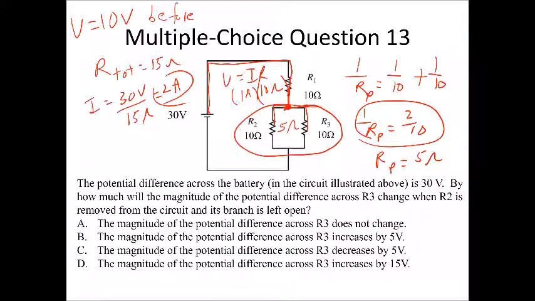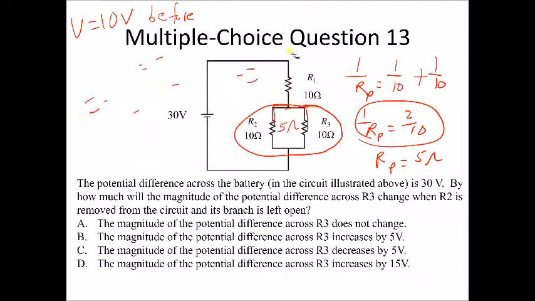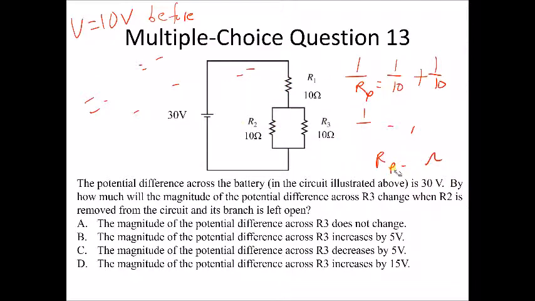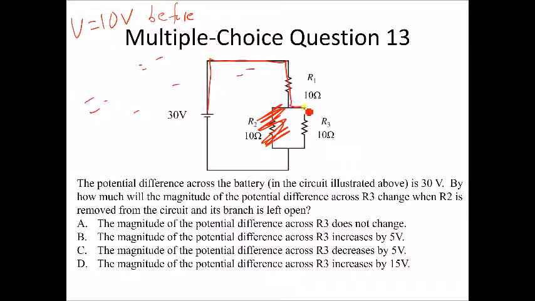All right, so now let's remove R2. So when R2 gets removed, this branch is no longer there, which means now there's only one pathway, this pathway. And that pathway is a series circuit.